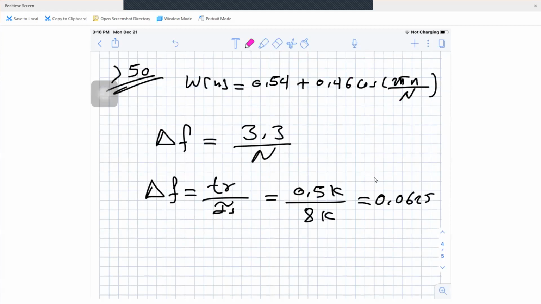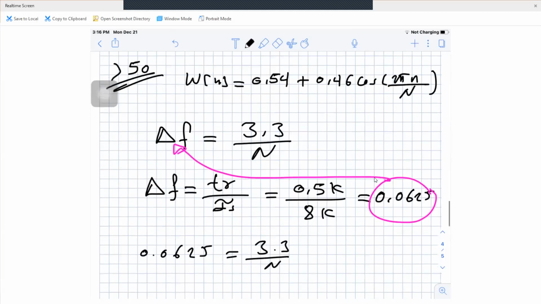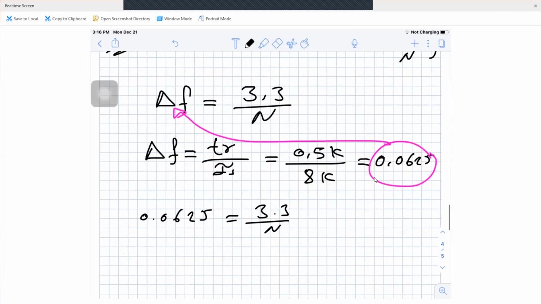Now, easily we can substitute this quantity in this equation. So we have the following: 0.0625 equals 3.3 over N. In this way, N can be calculated, and N equals 52.8.